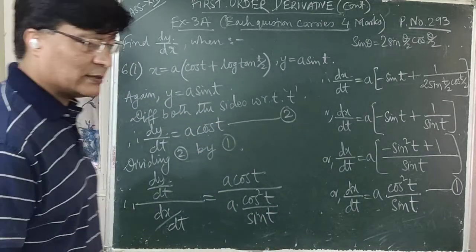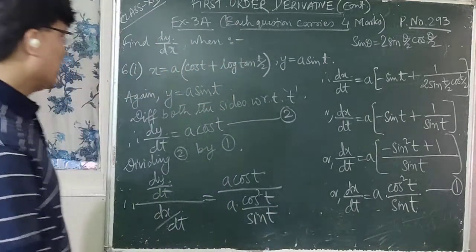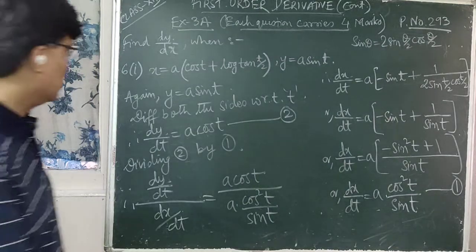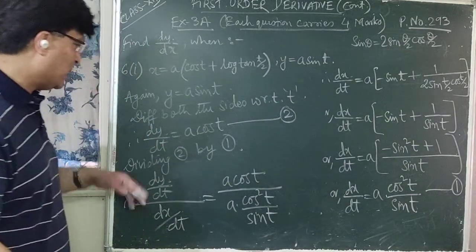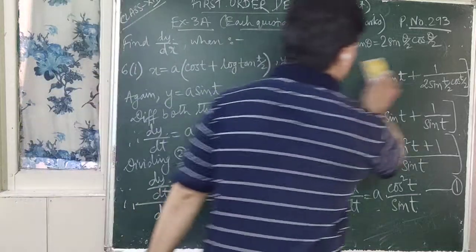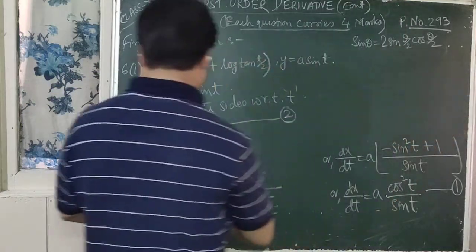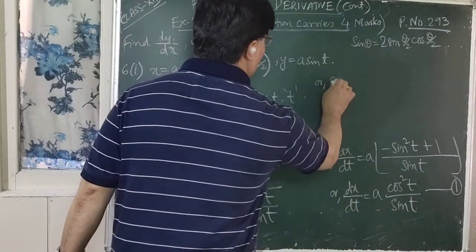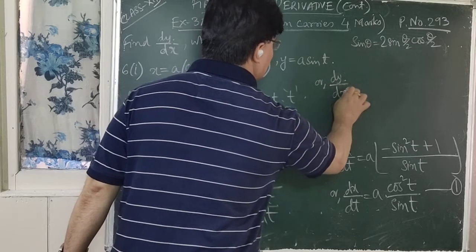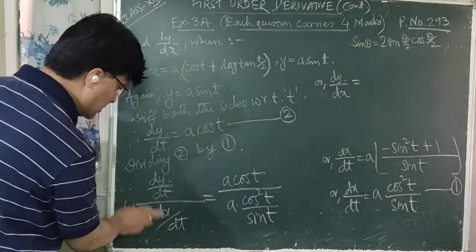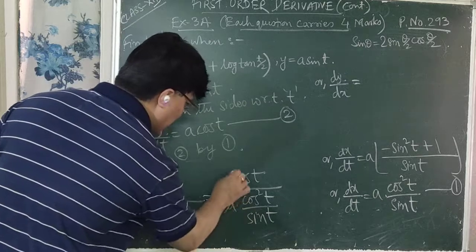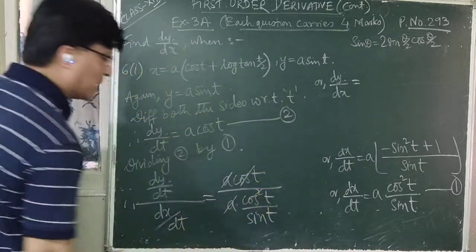So let us simplify it. We have divided 2 by 1, okay, to get dy/dx. So dy/dx is equal to, because here dt gets cancelled, a gets cancelled, cos t and the square get cancelled.